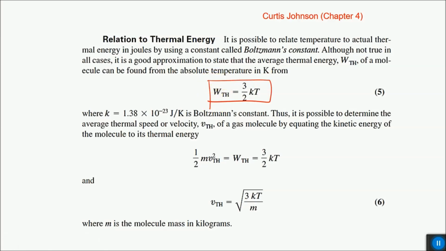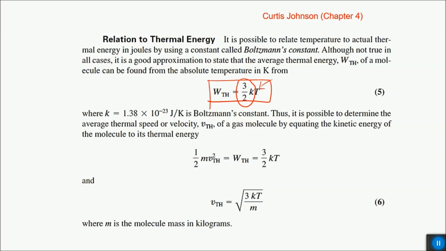W is the work or energy, the thermal energy of a material, and that is related to the current temperature T of that material with this factor 3/2 K, where K is the Boltzmann constant.